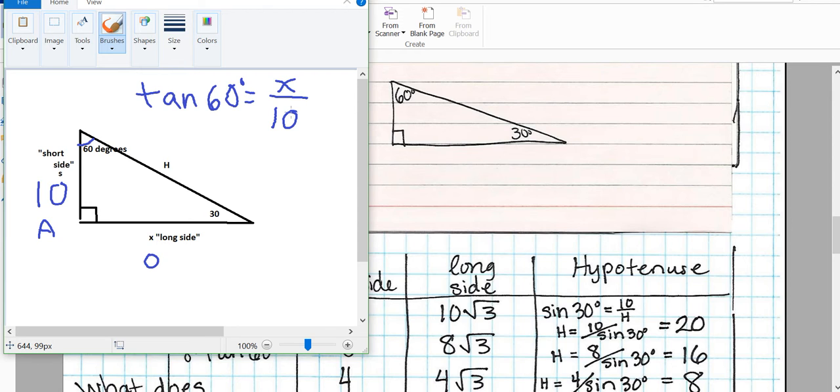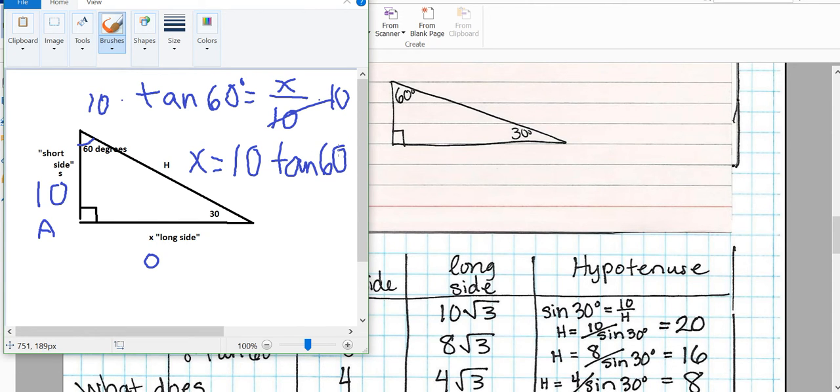Okay, and then to solve for X, here we can multiply both sides of our equation by 10. So times 10 here, and times 10 there. These will cancel out, leaving us with X equals 10 times tangent of 60 degrees. Okay, so X equals 10 times the tangent of 60 degrees.